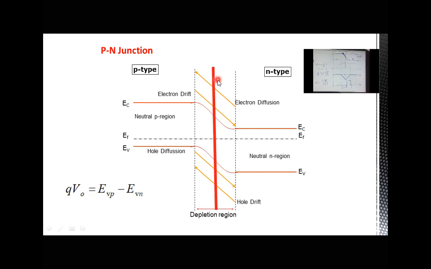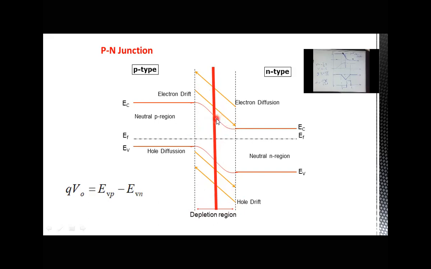XP is simply the depletion region in the p side. If this all is the depletion region, XP is the portion in the p side, and XN is the portion in the n side. So W, the total width of the depletion region, is XP plus XN.